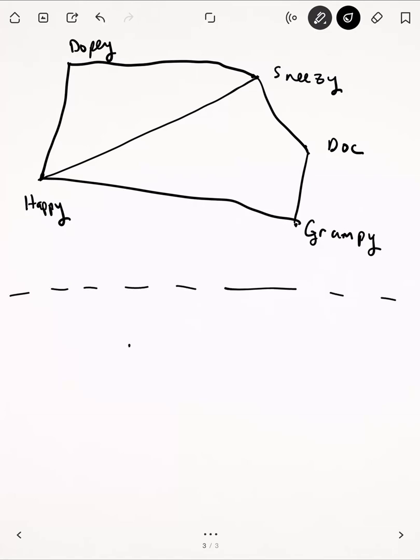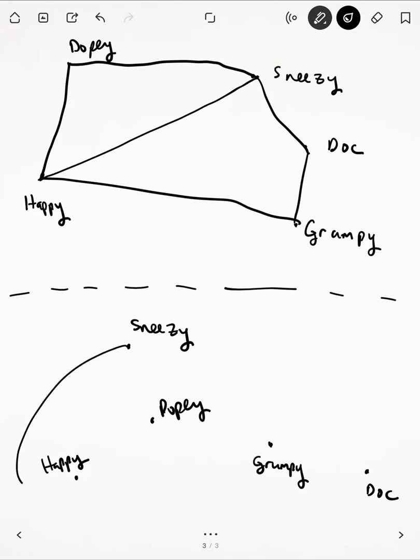You could also do Sneezy up here, Dopey somewhere here, Happy over here, and there's no reason to draw the lines straight either. You can draw them however you please. It's just, I think, appealing to our brains if they're straight. But for example, you can draw them like this, right?